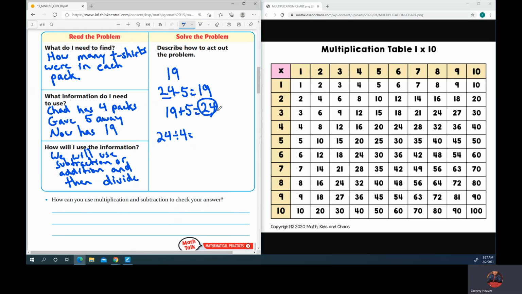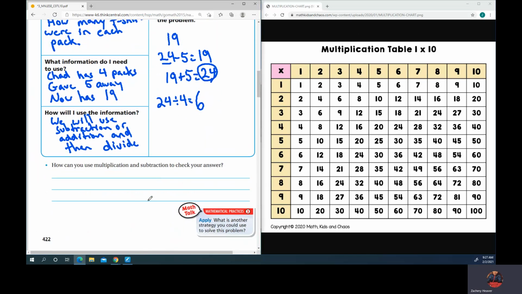Okay. So 24 divided by 4, I'm going to go over to my 4s and go down to 24 and go over. It's going to be 6. So the answer right here is going to be 6.